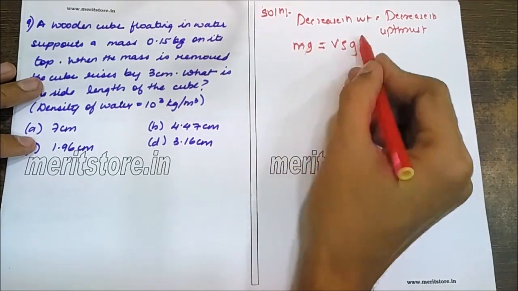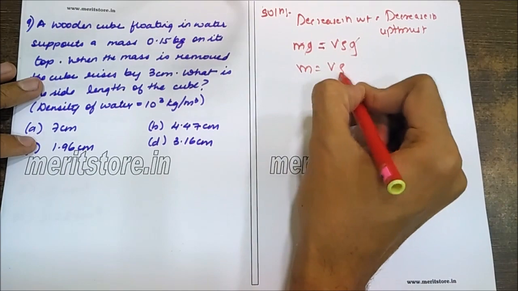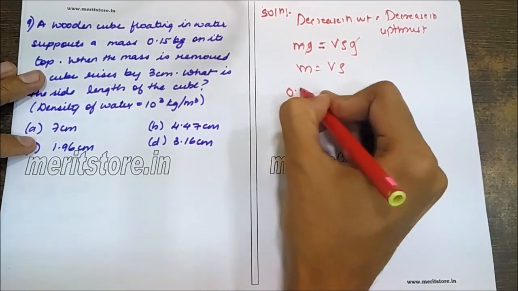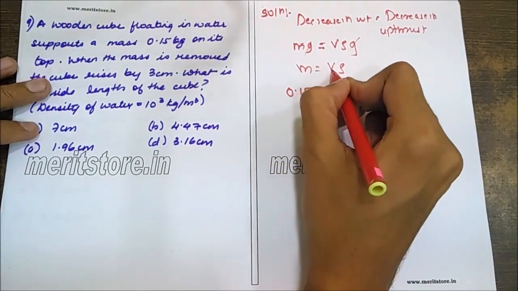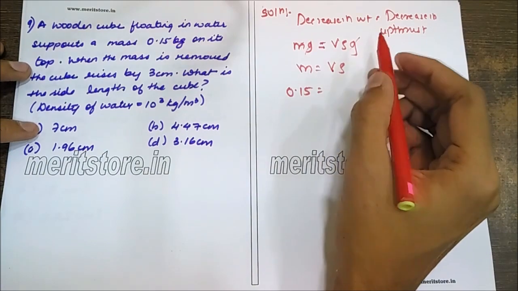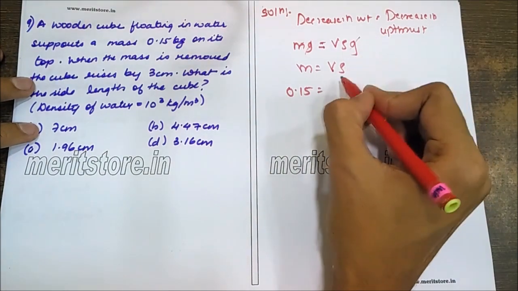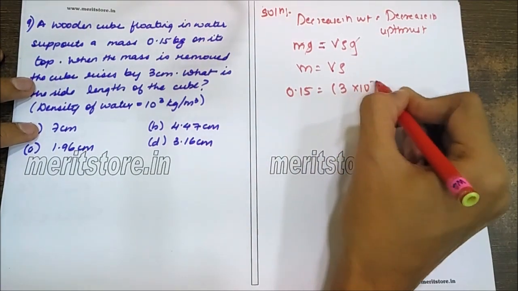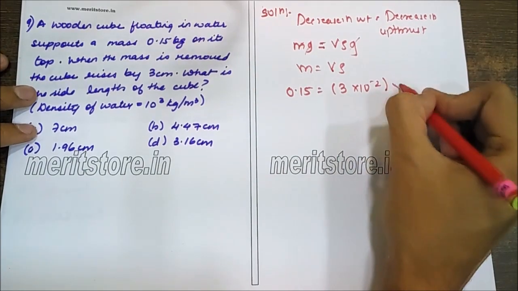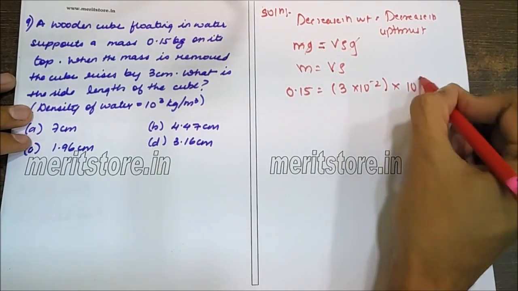Cancelling the g's, we get m equals V rho. The mass given is 0.15, which equals the volume, which rises by 3 centimeters, that is A into 3 into 10 to the power minus 2 meters, into the density 10 to the power 3.